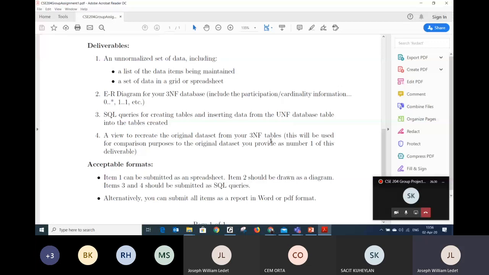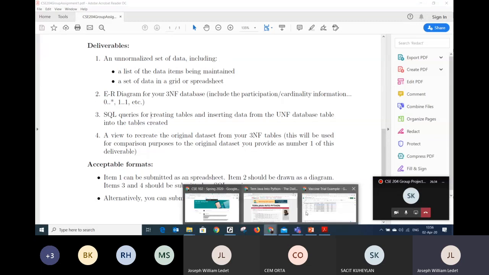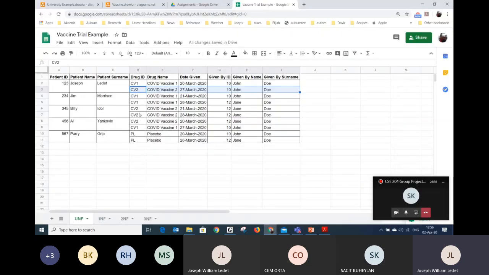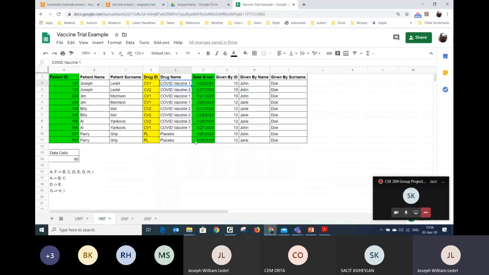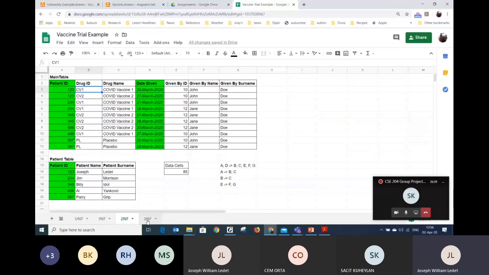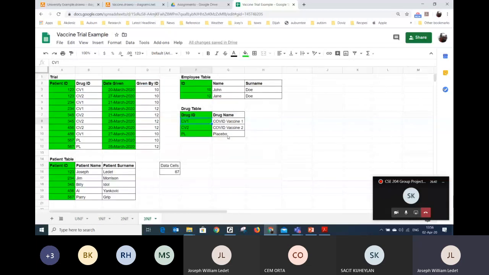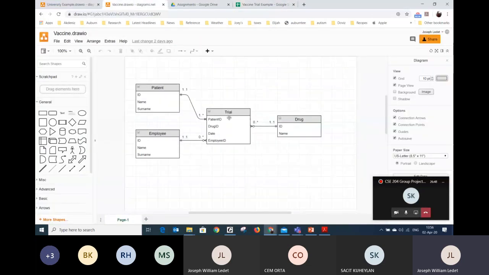So instead, you're going to follow this normalization process, bringing this along the way into this other format. Then you'll take the tables you created here, and you can create this diagram.